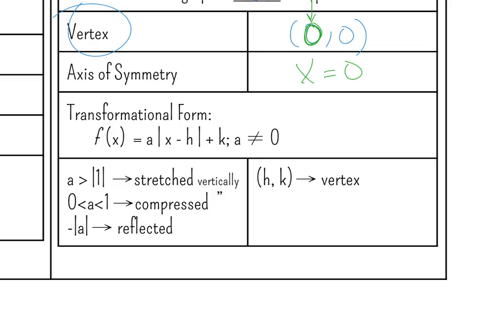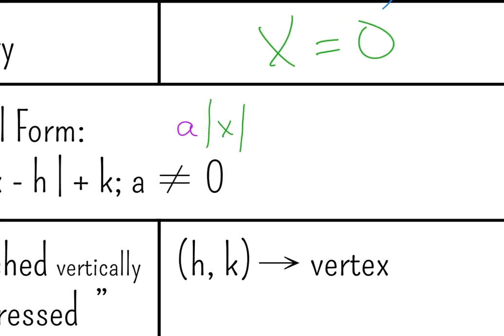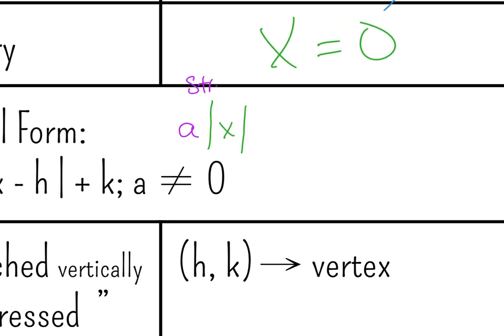Yeah, it is lots of letters, but let's break it down into what we just did with all that other stuff. If you had the absolute value of x and you multiplied it by a number out front, okay, well, that is either going to stretch or compress it, right? If you were to, hang on, let's erase this little line right here. I'm just going to scooch it over for the time being.